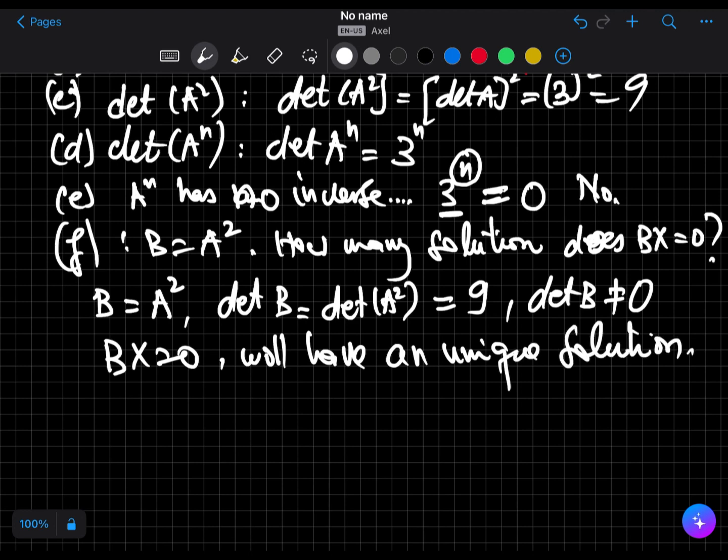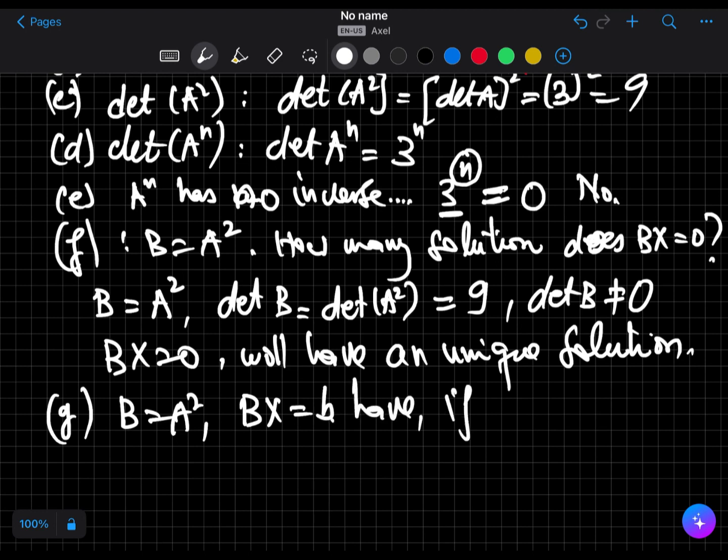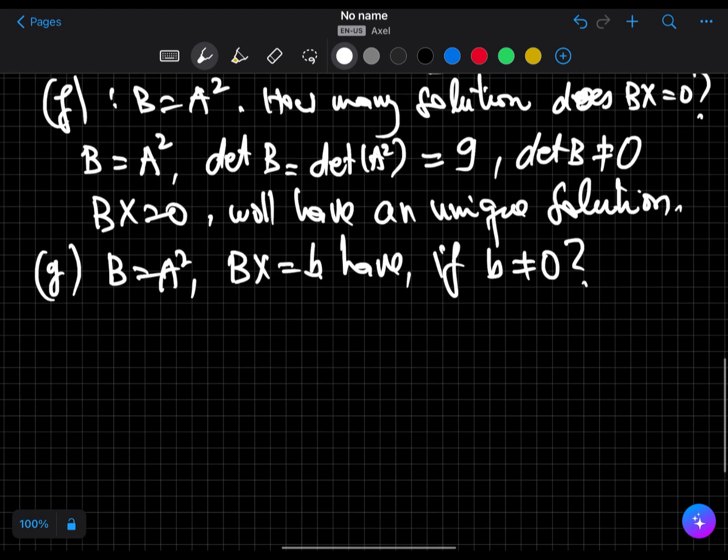right? Only one solution. Now, let's look at G. It says that consider B equals to A squared. How many solutions will Bx equals to b have if b is not 0? How many solutions? So we will use the same logic, right?